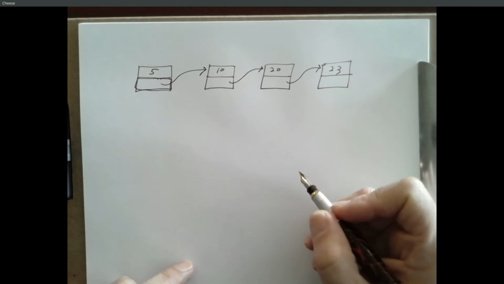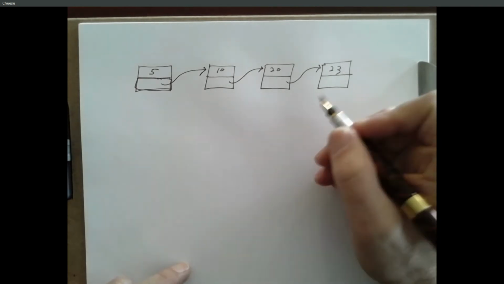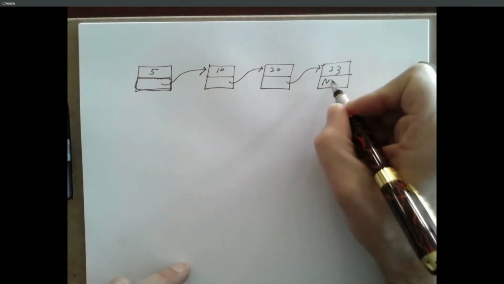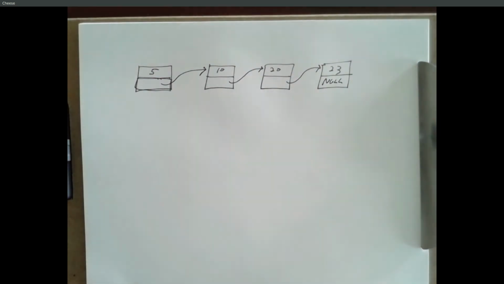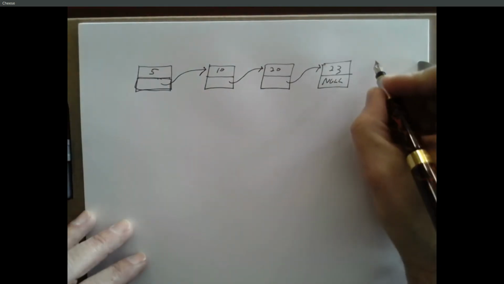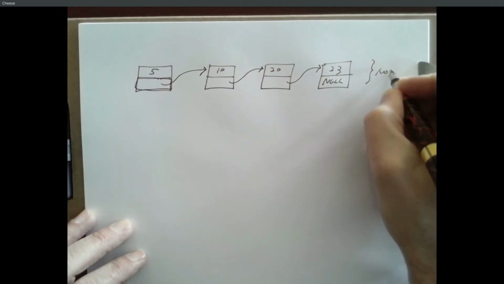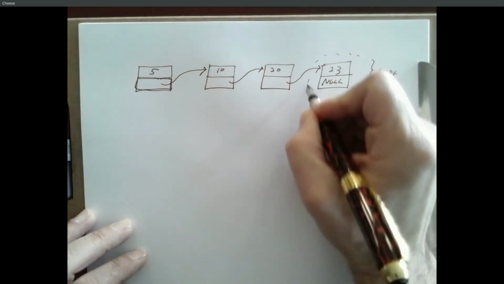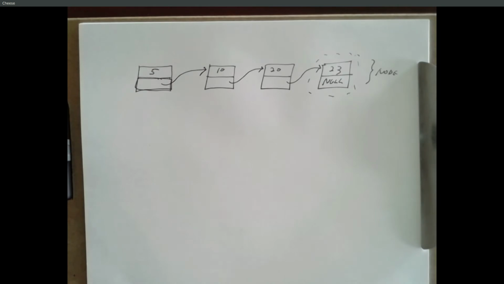Well, if it's the end of the array, there's nowhere for this to point, so we'll put a special pointer in here. We'll just call it null for now. And null is just a flag saying there's nothing else after this piece of data. And we're going to call these things nodes. So a node is a 2-part piece of data. It's got the actual number that we're storing in the array, but also something like an arrow that tells us where the next piece of data is in our array.